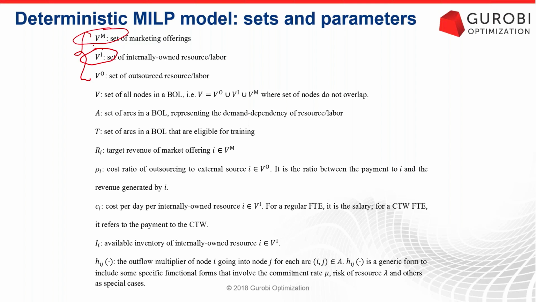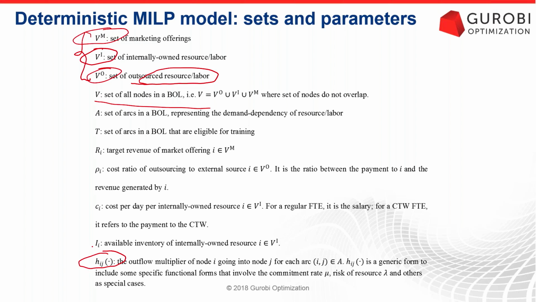And VI stands for the set of internal regular workforce, which is typically on the bottom as inputs of the service delivery process. And the set of nodes VO stands for the set of outsourced resource and labor. And all other nodes, including those nodes in the middle of the bill of labor structure.